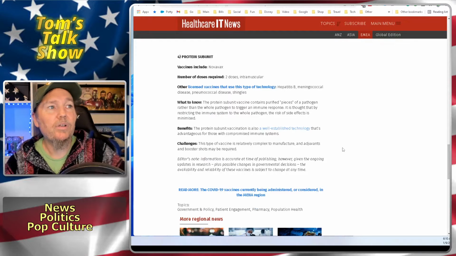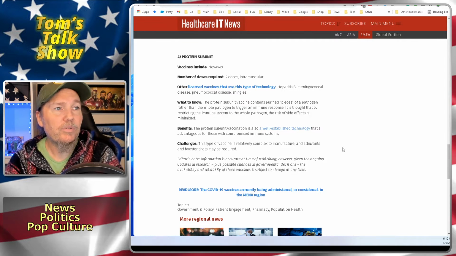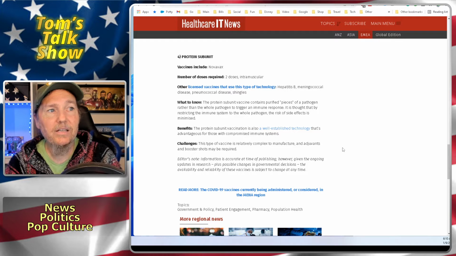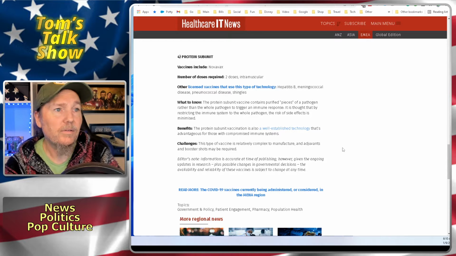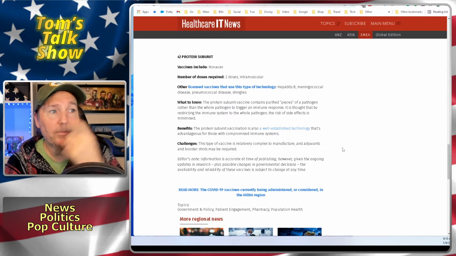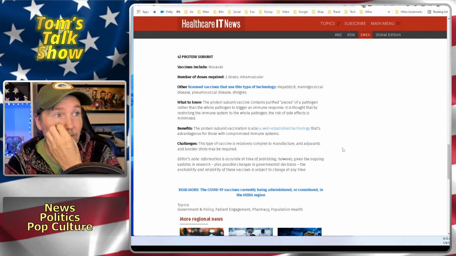The next one here is called protein subunit. Protein subunit vaccines contain purified pieces of a pathogen rather than the whole pathogen to trigger an immune response. It is thought that by restricting the immune system to pieces rather than the whole pathogen, the risk of side effects is minimized.